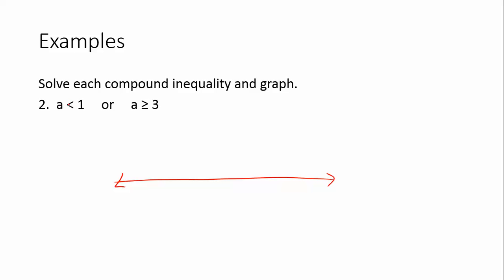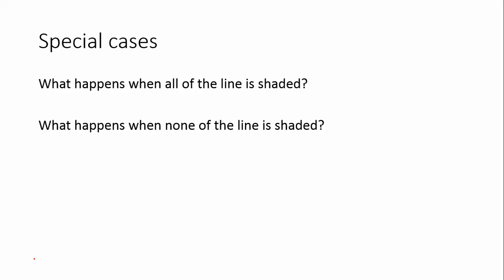We're talking about values that are less than 1, so that's to the left of 1, and we are greater than or equal to 3, so that's to the right. So that's a pretty simple review of an or and an and inequality. Just remember, the shading on and is in the middle, and the shading on the or is on the ends.